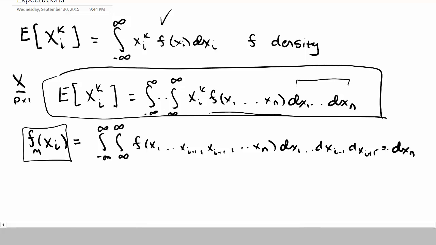So everything is consistent. If you do it not with the n-dimensional joint distribution, but you find the distribution of just 5 components, for example, of that vector, and xi happens to be one of those 5 components, and you calculate the expected value over those 5 components, you're still going to get the same answer.